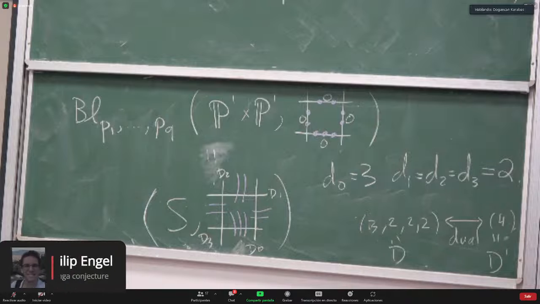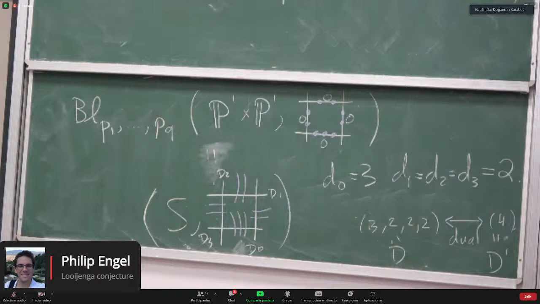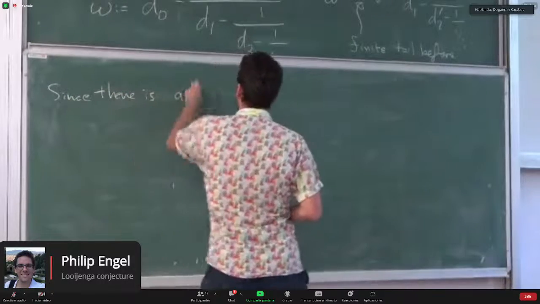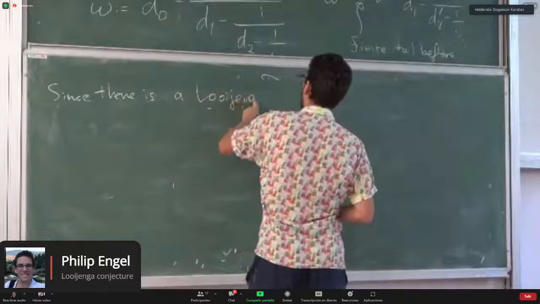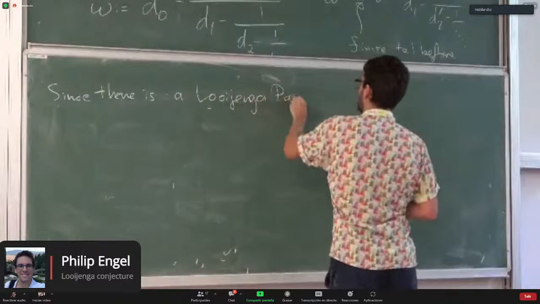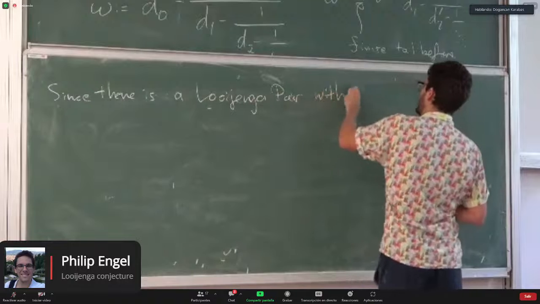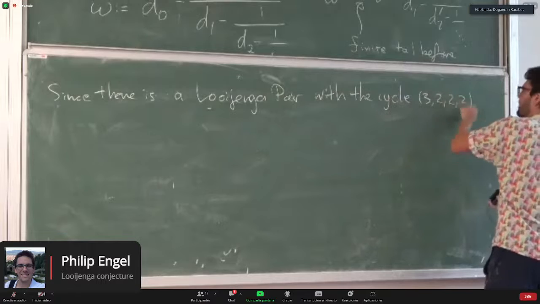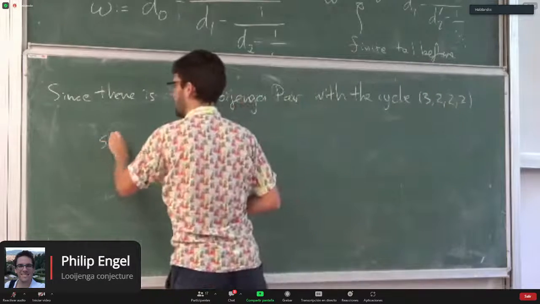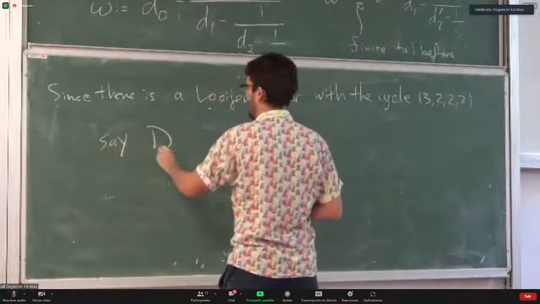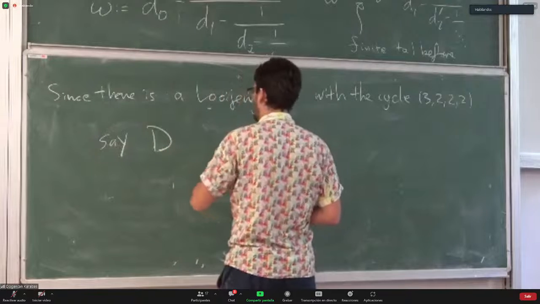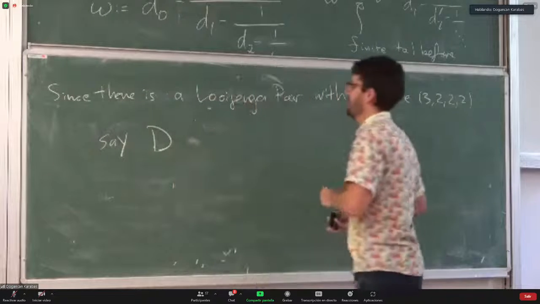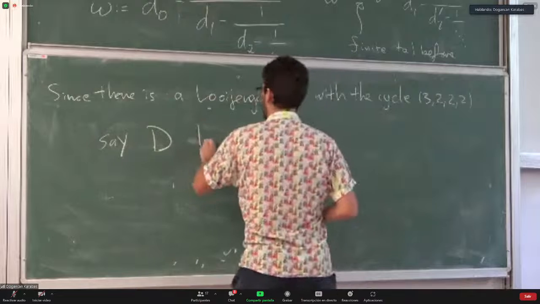And so since there is a Looijenga pair with this cycle 3, 2, 2, 2, we say that D lives on a rational surface.